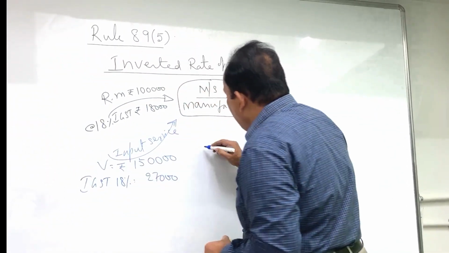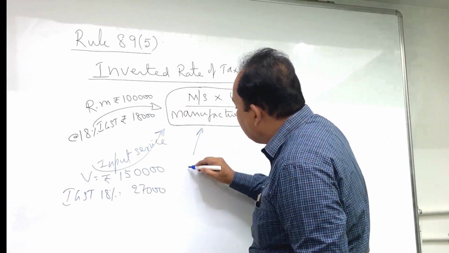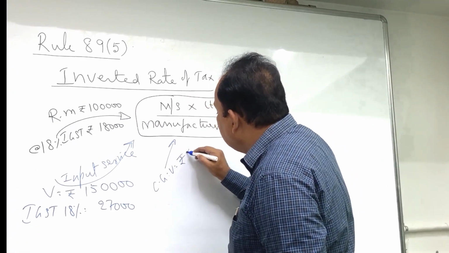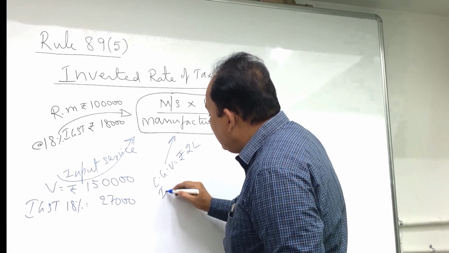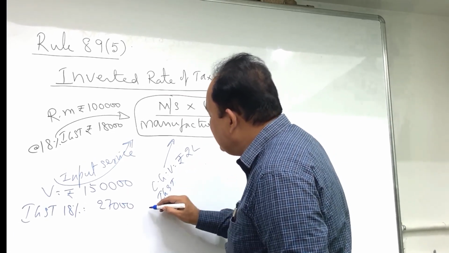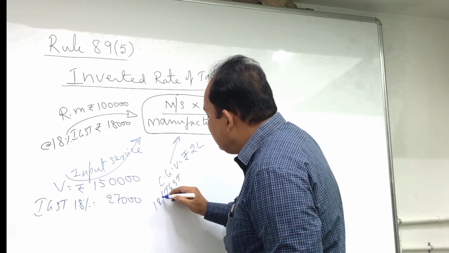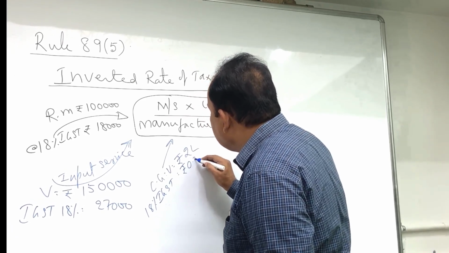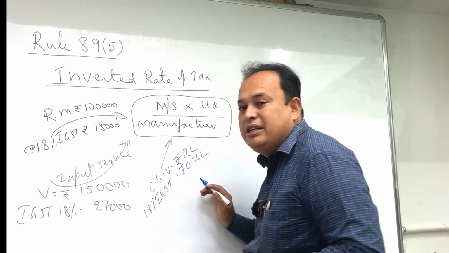Further, they too have capital goods. Capital goods purchase value 2 lakhs. Also, they suffer, for example, IGST of, let us say, 18,000, so 36,000 is their input tax credit.